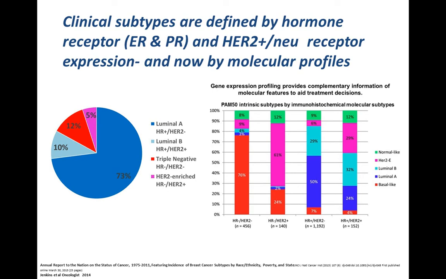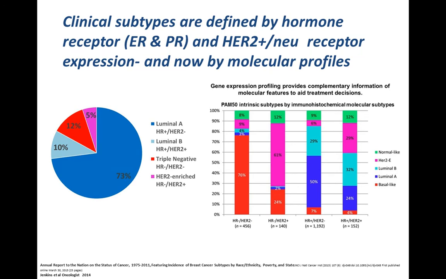This bar graph shows the breast cancers that normally would have been referred to as triple negative, so they're hormone receptor negative and HER2 negative. Now these are categorized by this PAM50 designation of expression profiles and cell types.